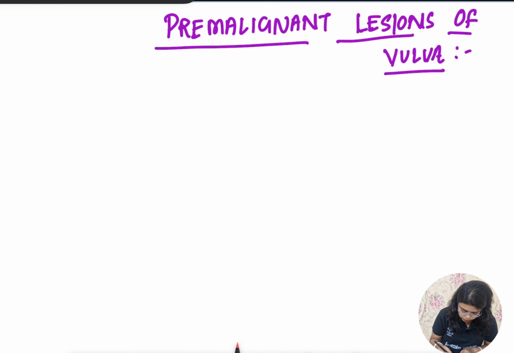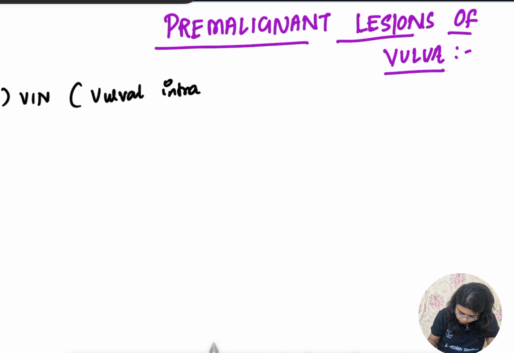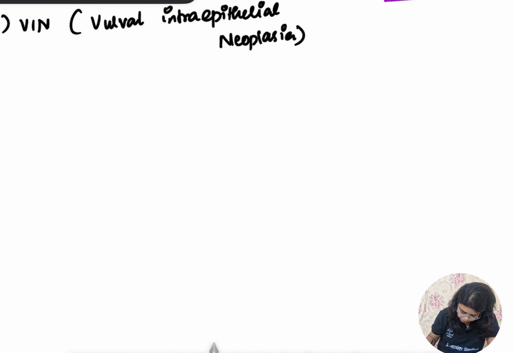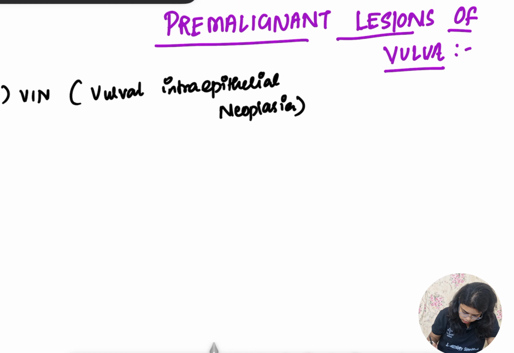First, it is VIN, that is vulval intraepithelial neoplasia. Second is lichen sclerosus.